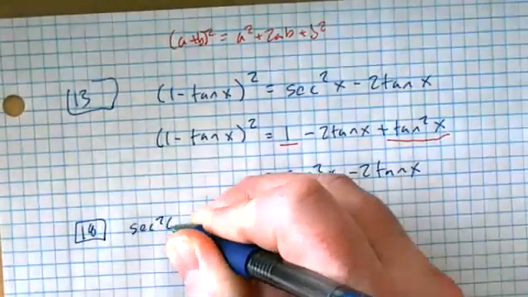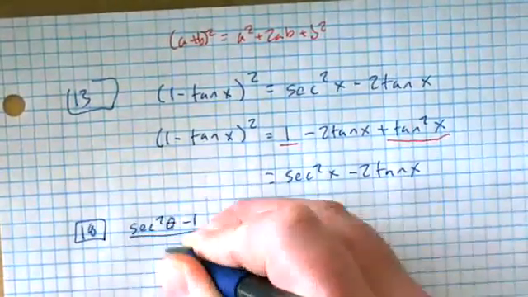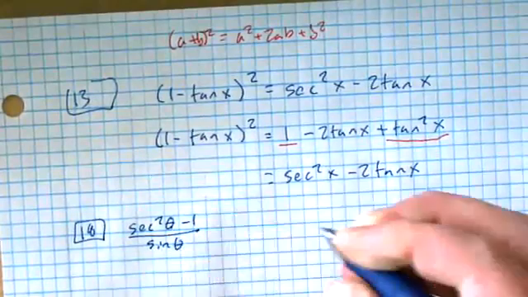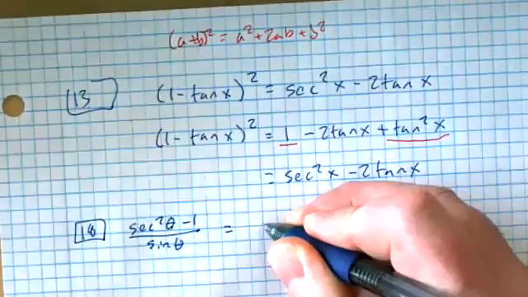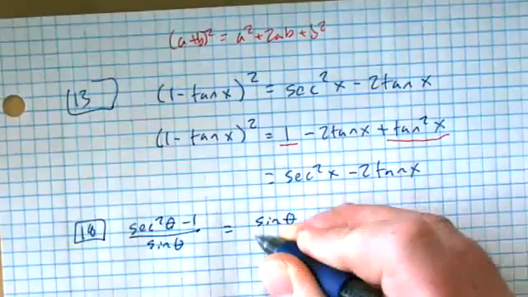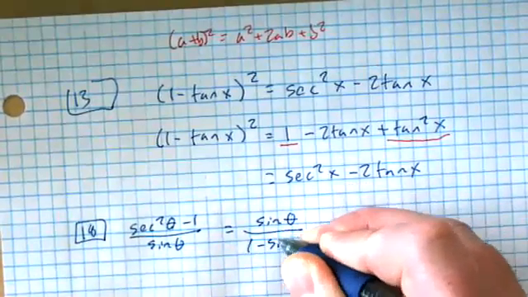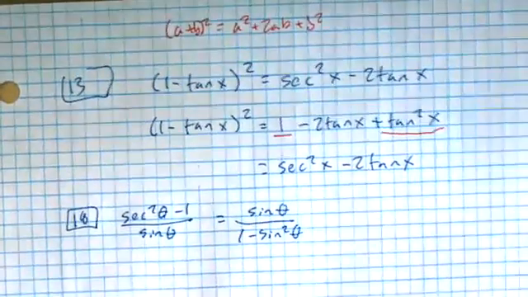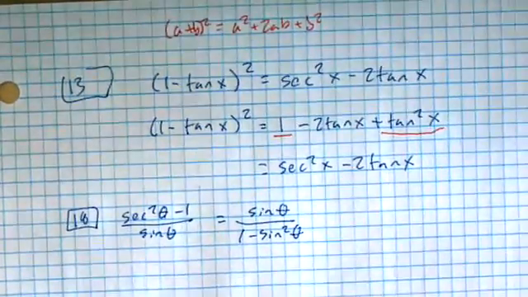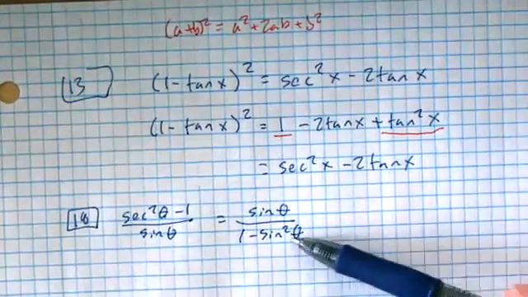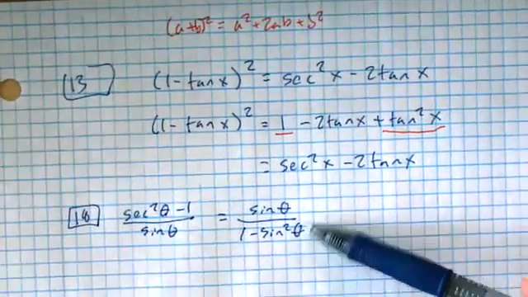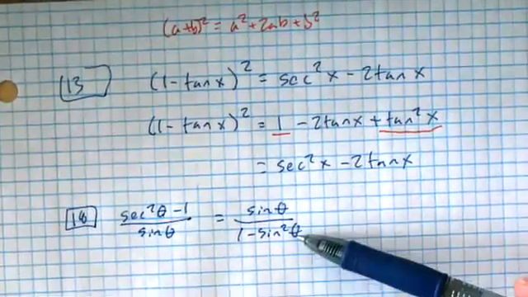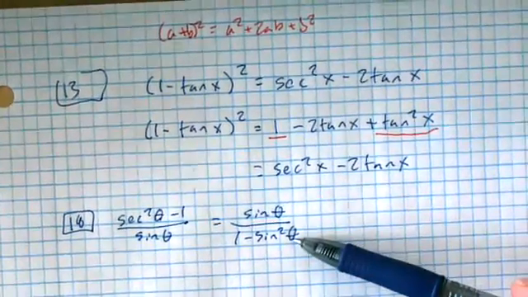Secant squared theta minus 1 over sine theta. Why do they keep changing the variables? It's kind of annoying. Okay, which side looks more complicated? This one has a subtraction in the denominator and looks more complicated, so I would probably start with that. 1 minus sine squared is cosine squared.